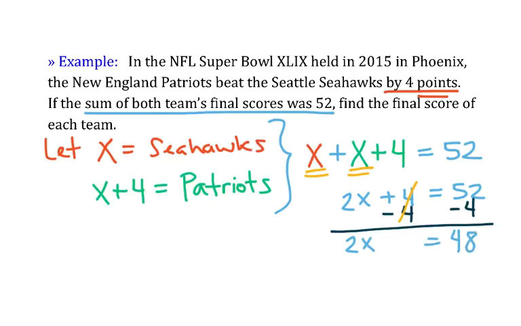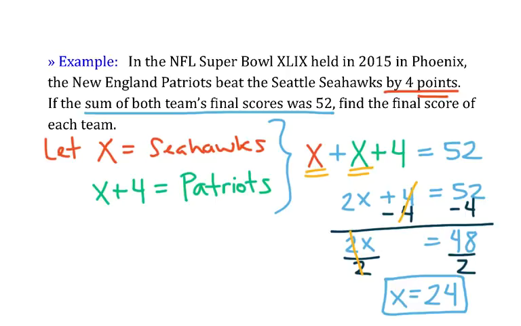And looks like the last thing to get x alone will be to divide both sides by 2. So at this point I'm really just going through the solving process. So that leaves x alone on the left, and 48 divided by 2 is 24. So our solution to the equation is x equals 24.